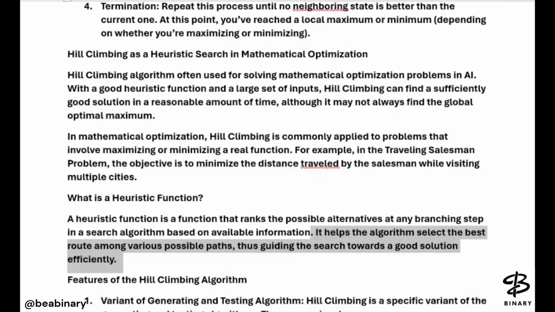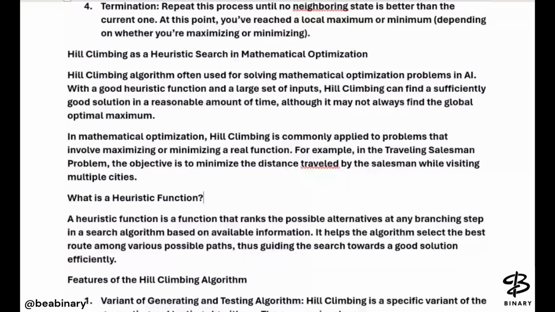Or in simple language, how will we define a heuristic function? A heuristic function is simply a method used in a search algorithm to decide which path to take at each step. आगे कौन सा route लेना है? Which path to take at each step? And what is each step here? When we show an algorithm in the form of a graph, in the form of branching, each step is the branching step.